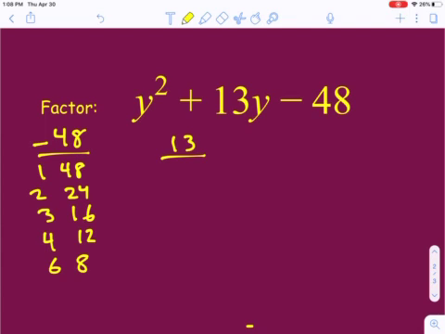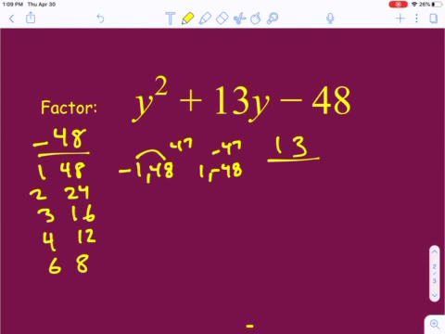So there's 2 possibilities we could have for each pair. You could have negative 1 and 48, and then you could have 1 and negative 48. But either way, one would add to give you 47, and the other would add to give you negative 47, and that's not anywhere near 13.